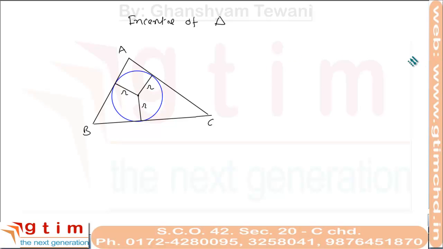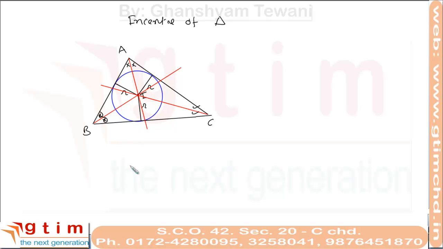So if we join vertex A to this incenter, then this line is angle bisector of A. Similarly, if we join B and I, then this line BI is angle bisector for angle B. And similarly, if we join C and I, we have this CI line which is internal angle bisector of angle C. So at incenter, internal angle bisectors of triangle are concurrent.